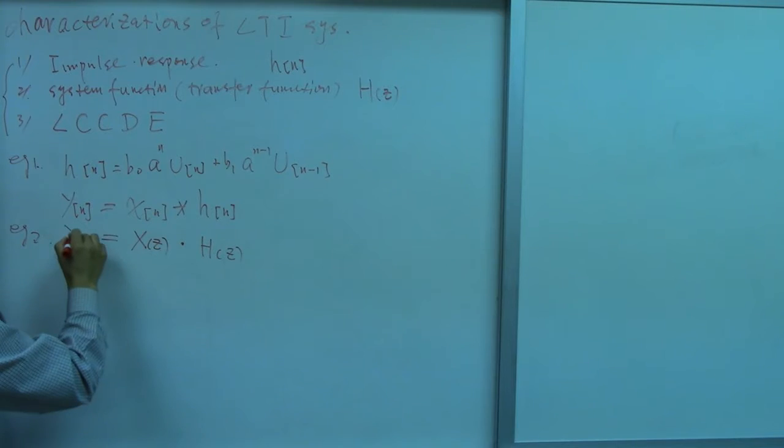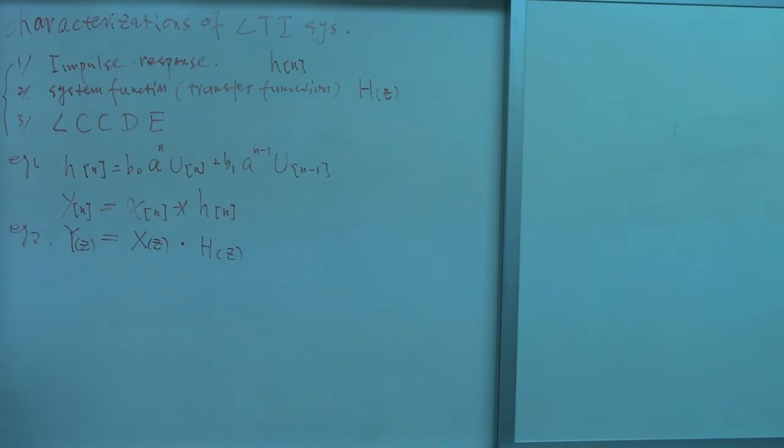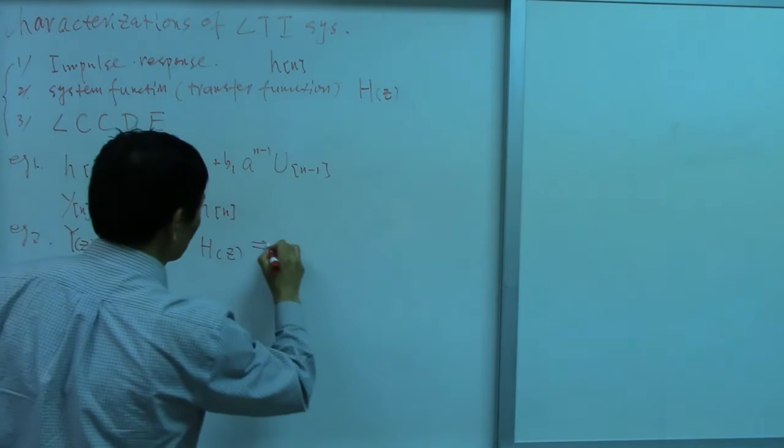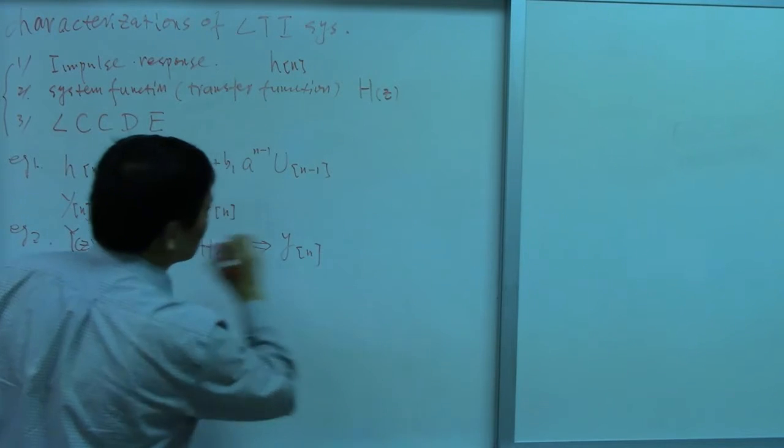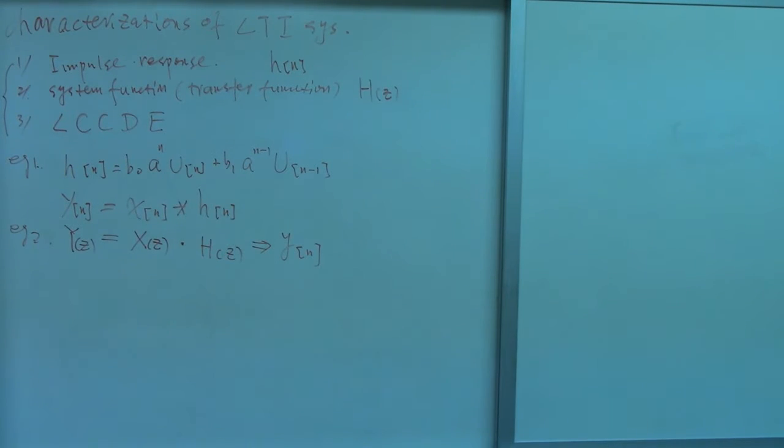What we have here is the z transform of the output. We need the time domain output. So from here, we can take the inverse z transform and we can get the time domain output. So if we are given the system function, then we can calculate the output of the system by this method, z transform and the inverse z transform.